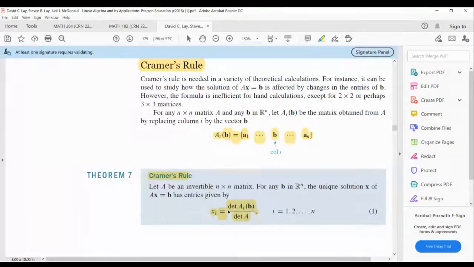X sub i equals the determinant of A sub i B divided by the determinant of A.